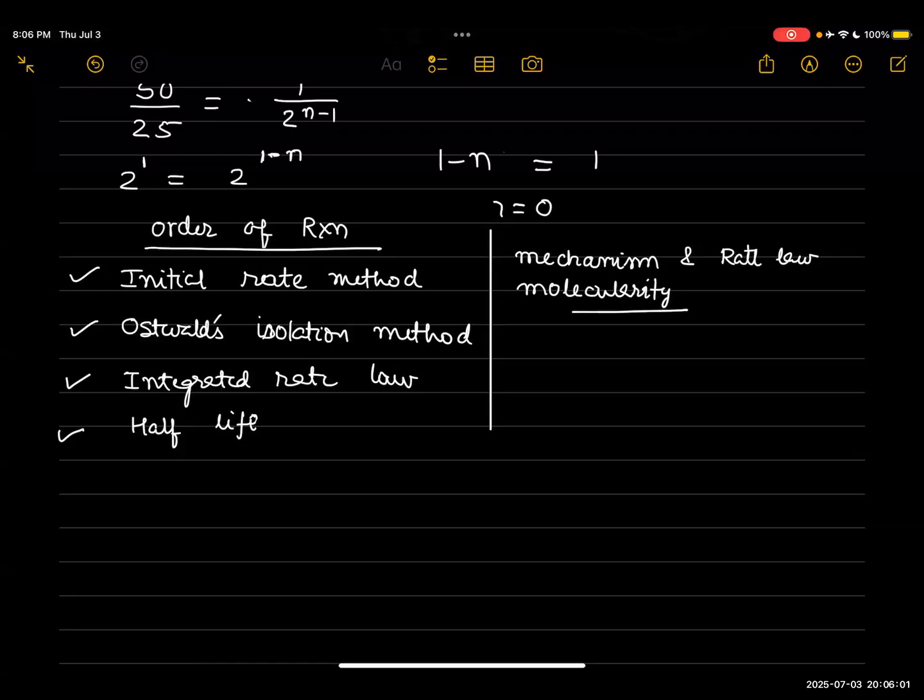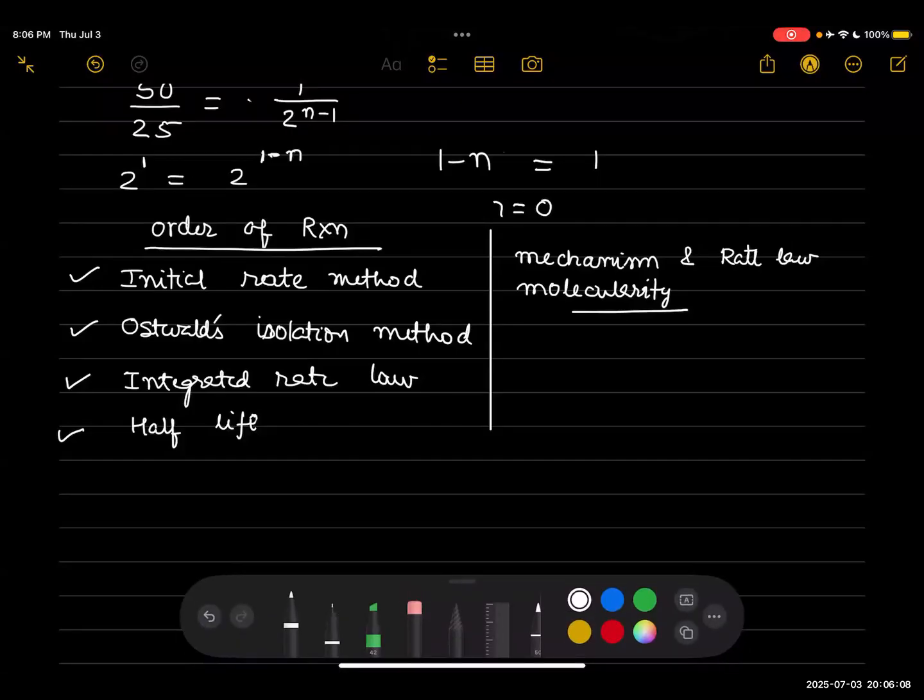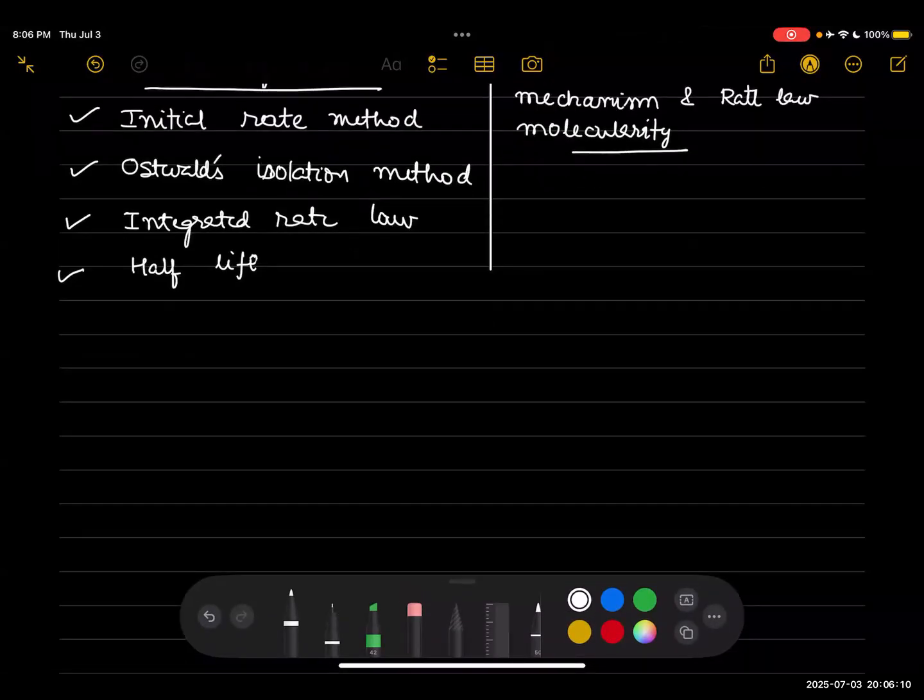So what do you understand by mechanisms? The method by which a chemical reaction occurs, like which molecule attacks which molecule. Exactly what is happening within. There is a chemical reaction that gives you the total number of moles of reactants and products, right?